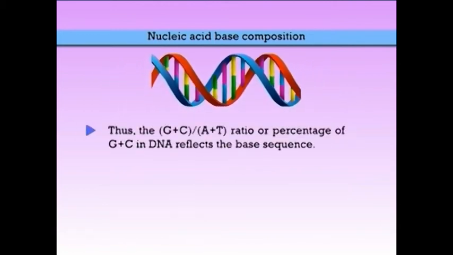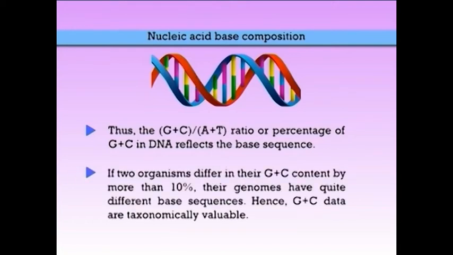Thus, the ratio of guanine plus cytosine to adenine plus thymine, or the percentage of G plus C in the DNA, reflects the base sequence. If two organisms differ in the G plus C content, that is the guanine cytosine content, by more than 10%, their genomes have quite different base sequences. Hence, G plus C data are taxonomically very valuable.